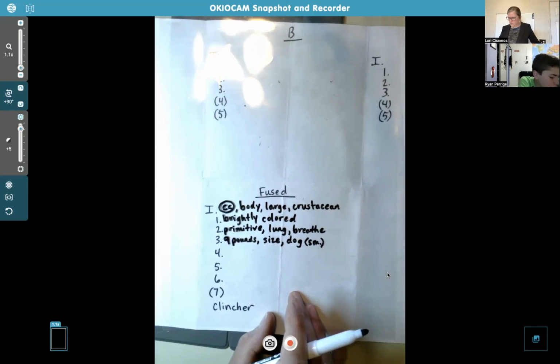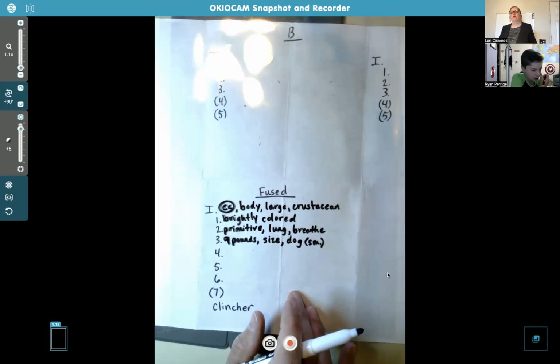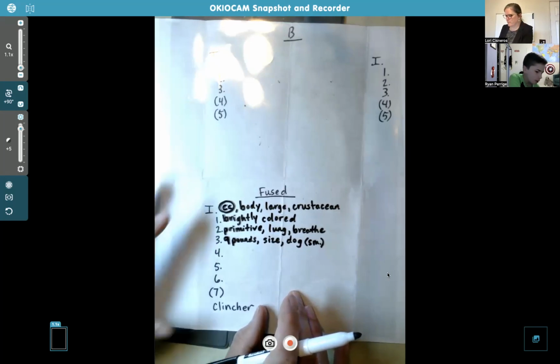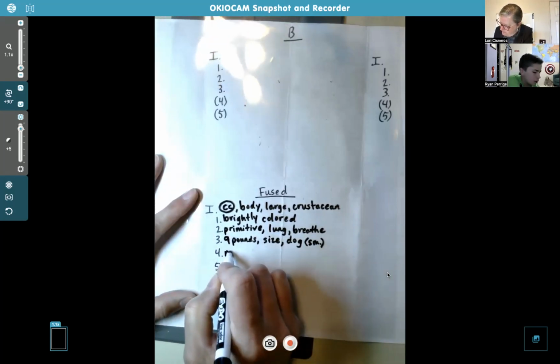They have multi-jointed legs. Okay. Do you know on that fact, what do you have there for that fact? Just multi-jointed legs? Okay, that's good.